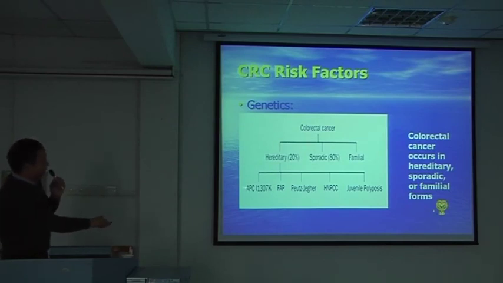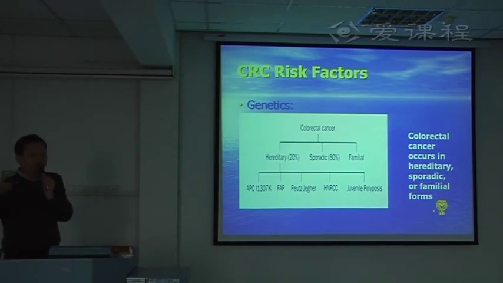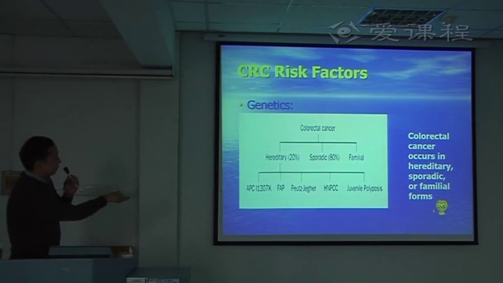Hereditary ones include FAP, HNPCC, and juvenile polyposis, which have a hereditary history. I will explain in detail later what is hereditary, what is sporadic, and what is familial.